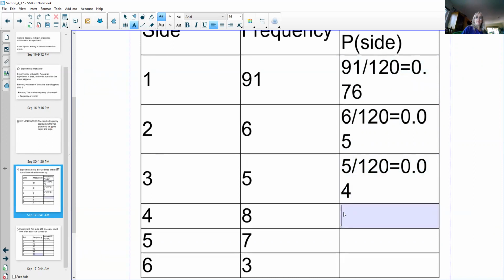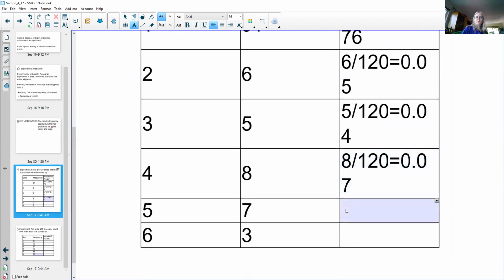I can do 8 divided by 120, and that's roughly 0.07.